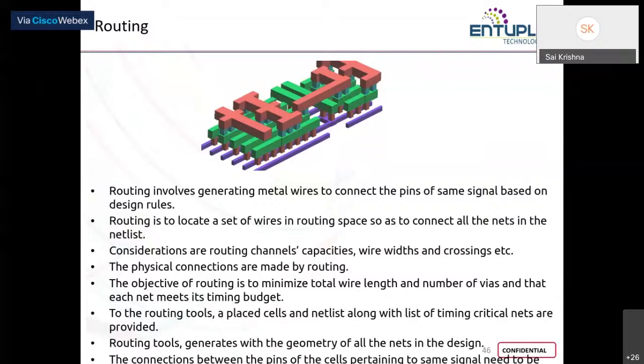So before this routing, in your EDA tools, whatever connections you have, they are only virtual. They are only virtual that are derived from your gate level netlist. But here it is during routing that all the virtual connections are replaced with real physical wires or physical metals.